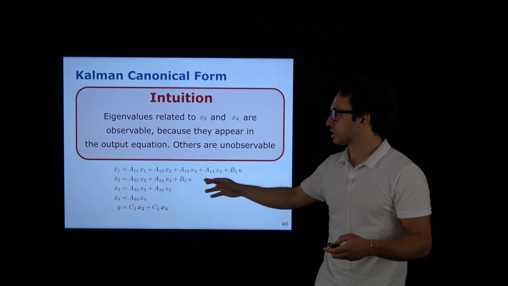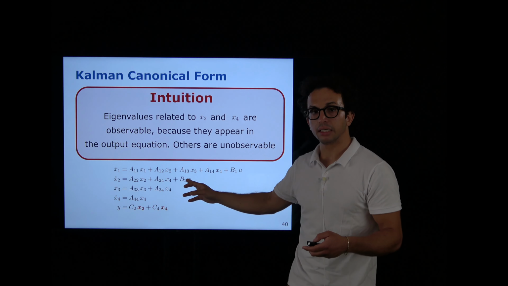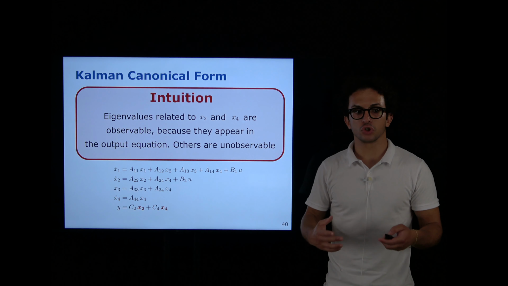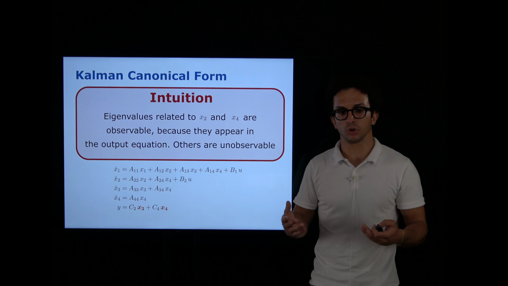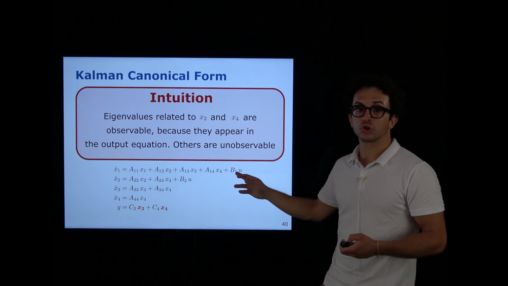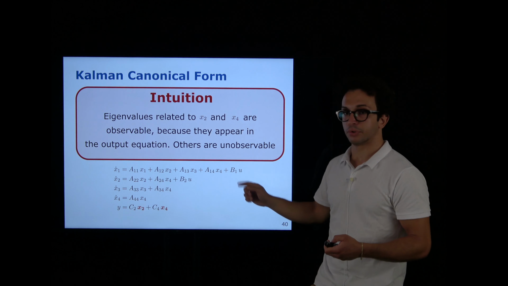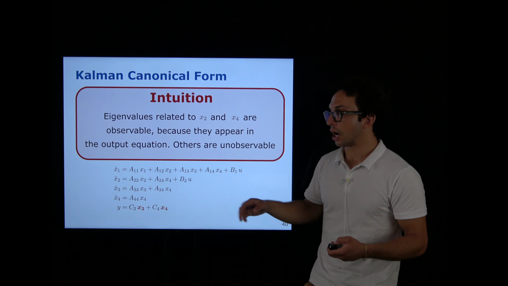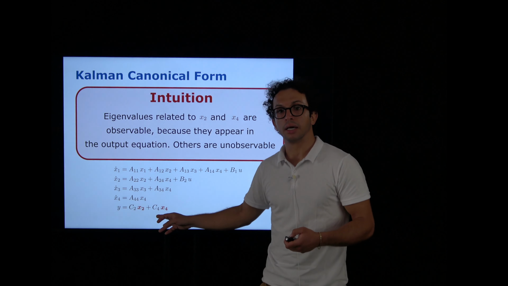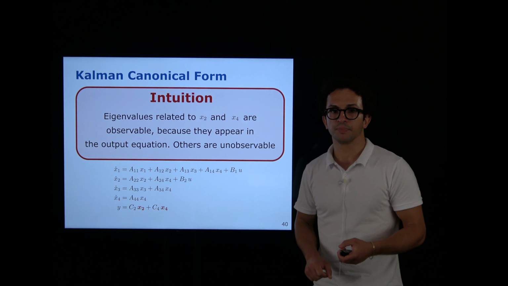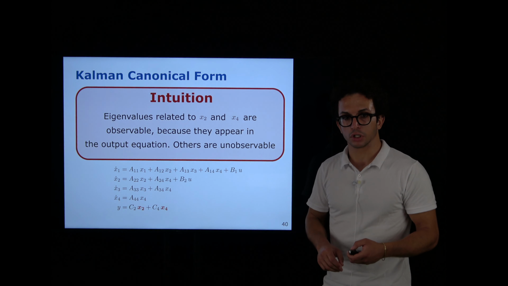For example, x2 has the input and appears in the output, so x2 is controllable and observable. x1 is only controllable because it does not appear in the output equation, but it has the input applied on it. While x4, on the other hand, is only observable because it doesn't have the input, but it appears in the output equation.